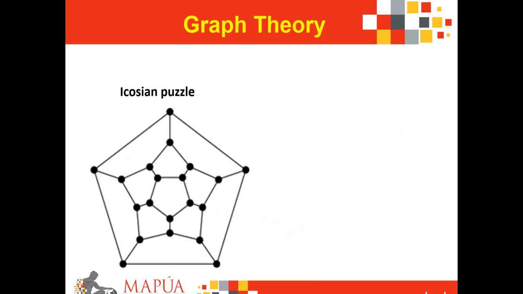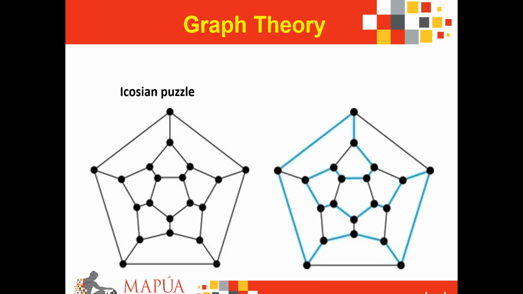If we lay out the dodecahedron flat on a graph, it would then look like this, and your respective vertices are as follows. Therefore, in order to solve this Icosian puzzle, Sir Rowan Hamilton created what you call a Hamiltonian cycle. Starting from any arbitrary vertex, he traversed the edges of your corresponding graph, going through each vertex exactly once, and go back to your starting vertex with a corresponding solution like this.